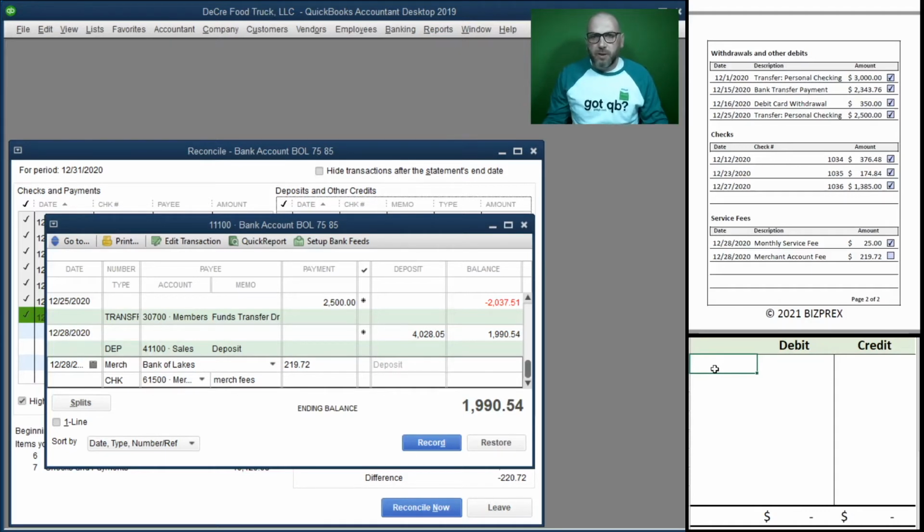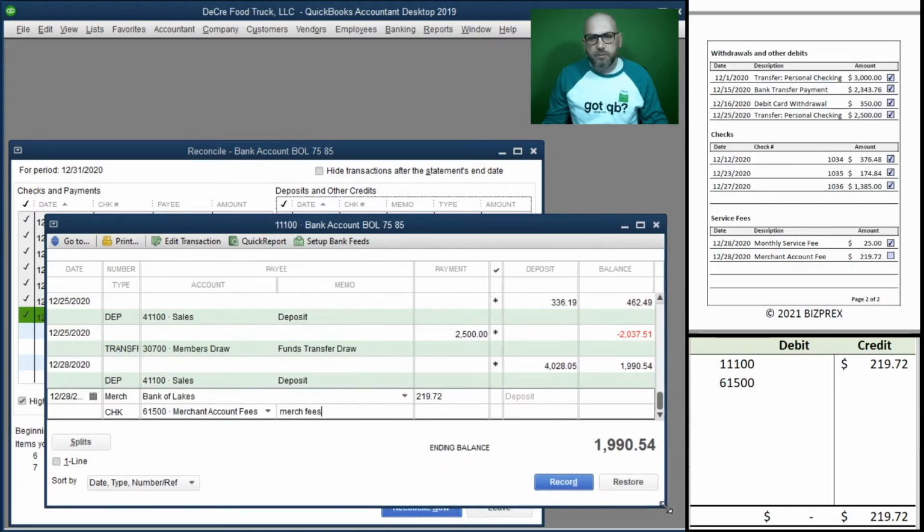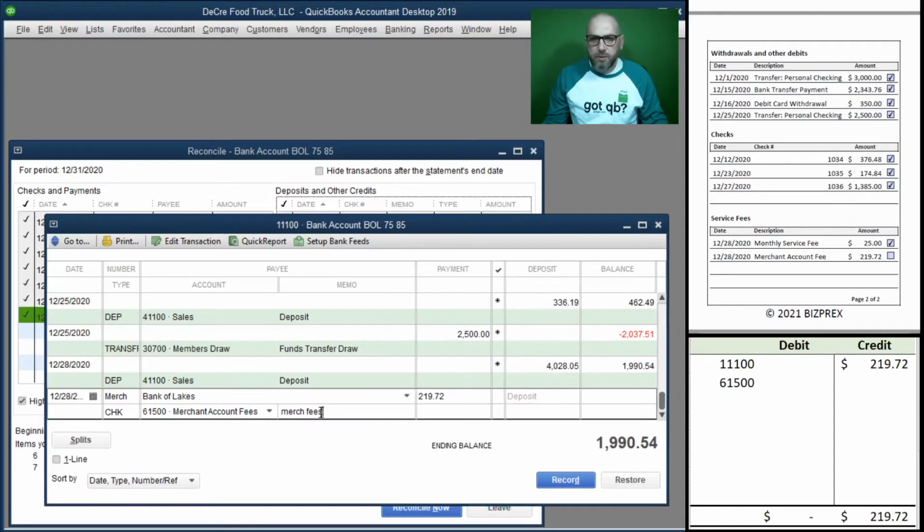So again, our bank account balance will be reduced, so we know that much, and we know that we reduce assets through credits, right? So here it is. What else we know is going to happen? Well, we know that our merchant account fees right here, 61,500, will be increased. So here, let me make it a little bit bigger so it's easier to see. So here it is, right?